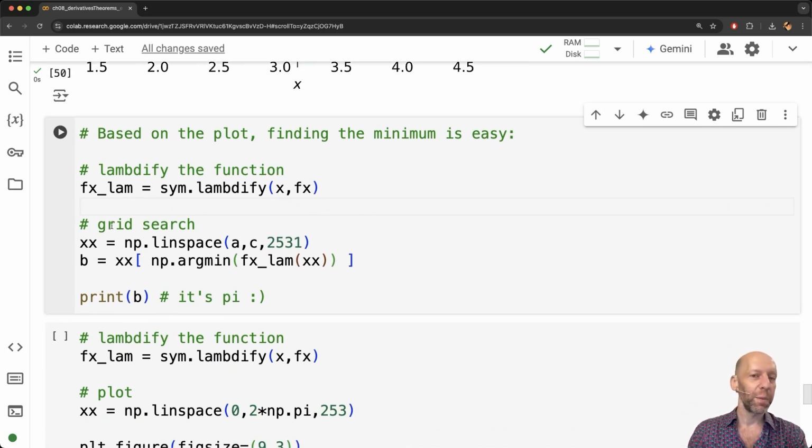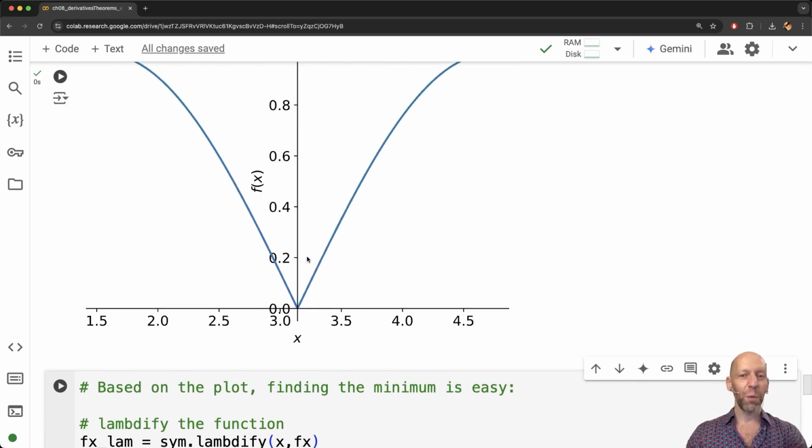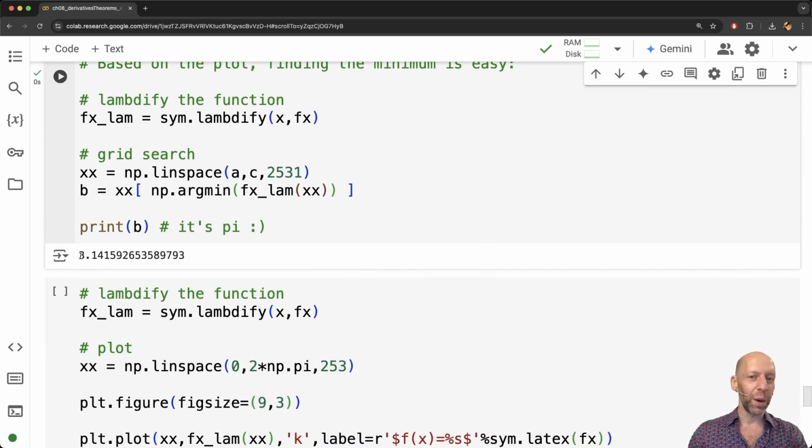And I'm doing this with a simple grid search method. In this particular problem, we don't need to worry about taking the minus absolute value of the derivative and finding putative critical points and searching through the critical points and so on. That's really just because from visual inspection, we know what the solution is going to be, and it's going to be pi.